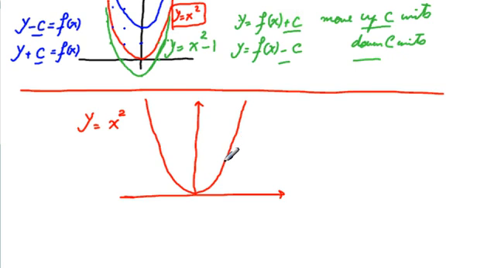Now, I might decide to make this thing a lot thinner, or if you wish, a lot taller. I want to do something like this. The tip staying in the same place. I'm not moving the parabola, I'm just making it thinner.